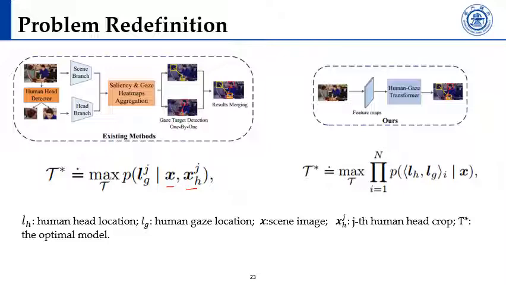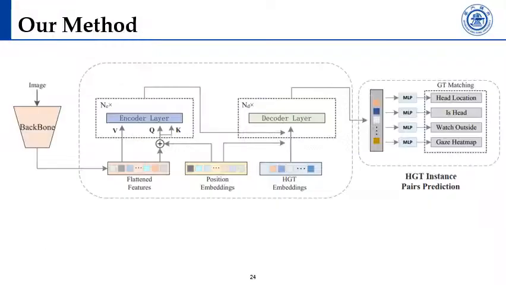Our problem becomes to maximize the probability of each human head and its corresponding gaze target location given the whole image. So you see the mathematical form definition for the previous setting and the current setting, and the difference between them.